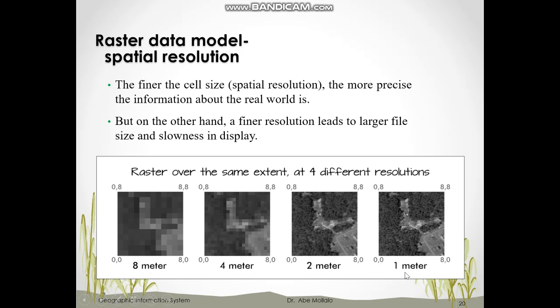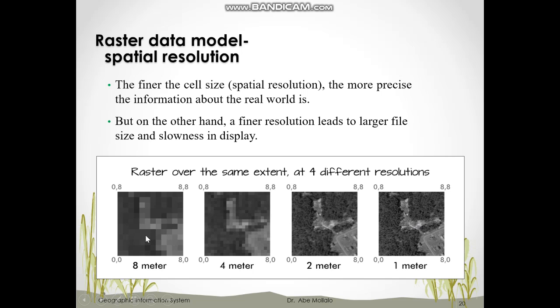You can see more details can be represented in the small cell size. So this one is called a good resolution. On the other hand, a smaller cell size means a larger file. For example, this one is like 100 megabytes, but this one is only 1 megabyte.